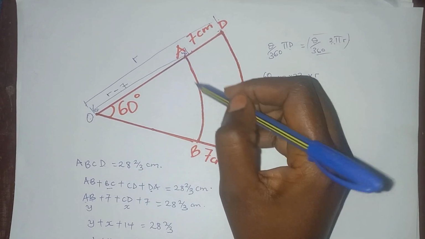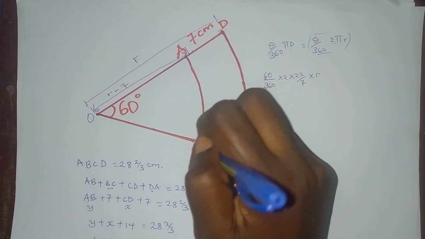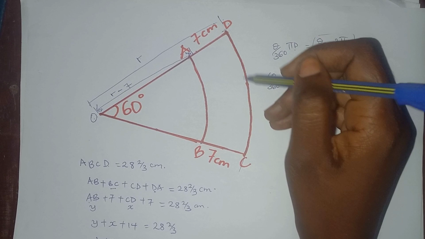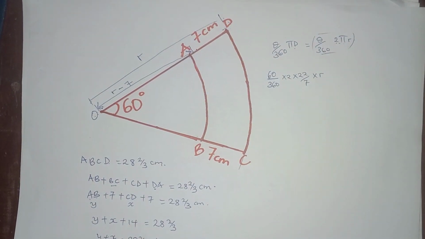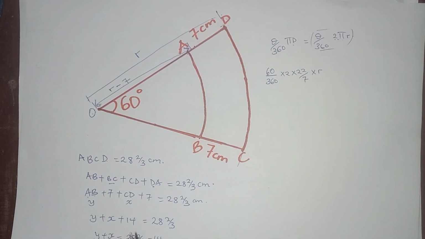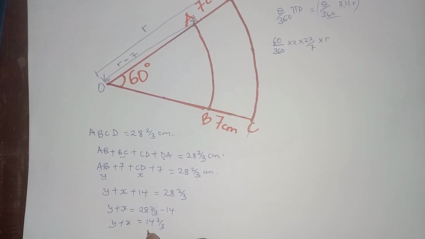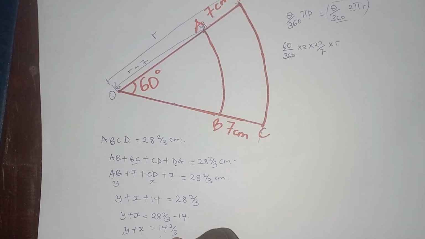We'll calculate the length of this arc and also the length of this arc and get the sum. Their sum will be 14 and 2 over 3.